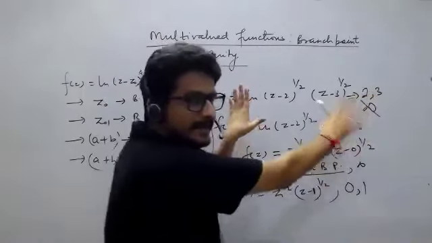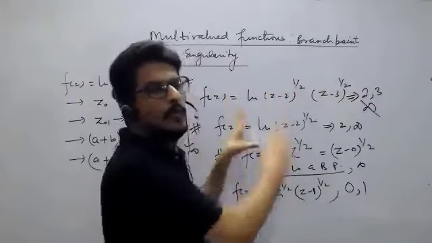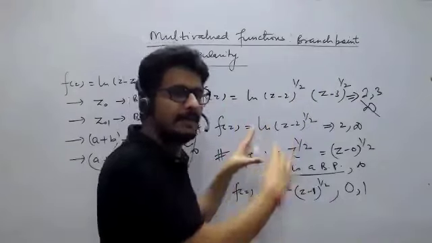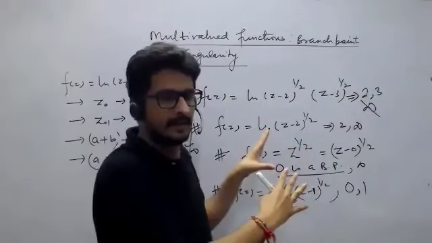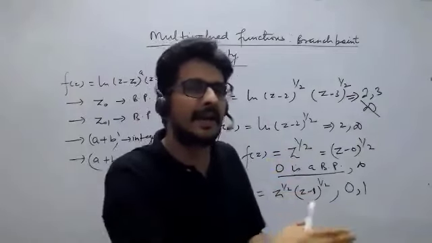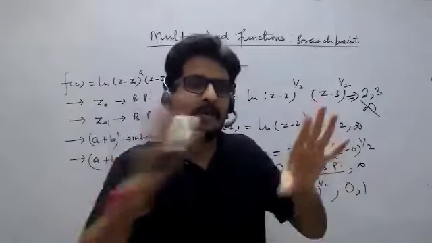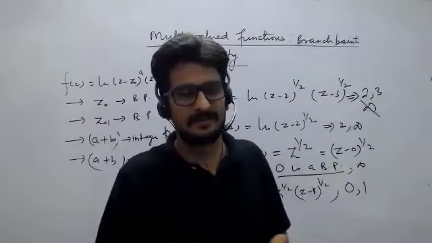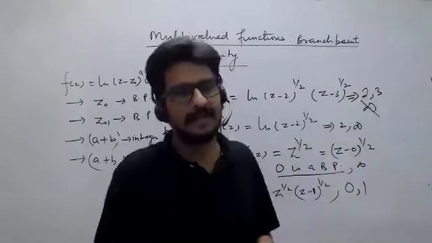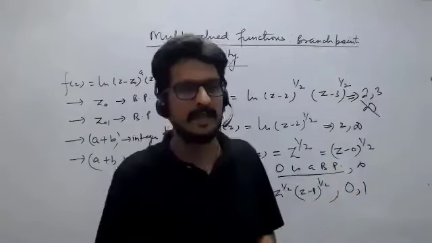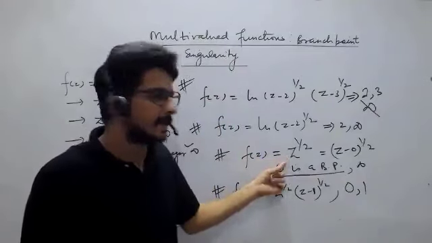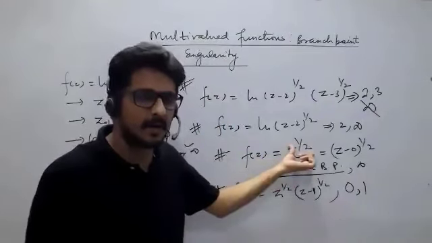So when you look back at this plane, you will get two values, plus z to the power half and minus z to the power half. So that means if I am doing a transformation, I am not getting a unique value. That is a very simple transformation to make, but I am not getting the unique value. And if you want to solve this anyway, you finally have to take a log to remove this power.